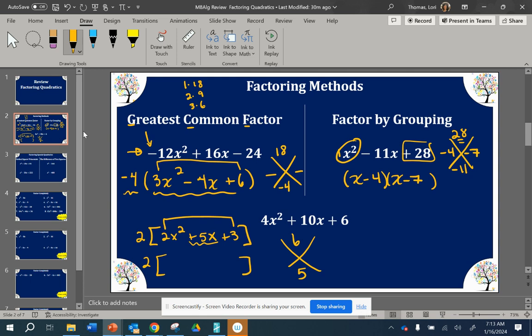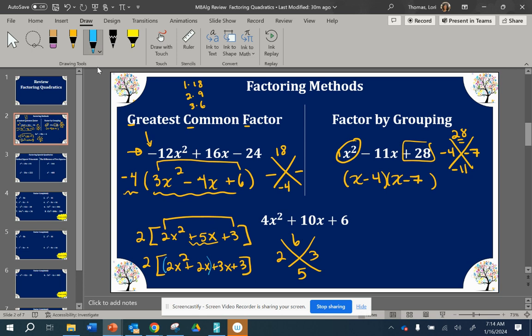So we can say 2 times 3 is 6, and 2 plus 3 does give us 5. So let's split 5x into 2x plus 3x, and then we have plus 3. If you switched and put the 3x first, the process is the same. Your next line will just look different.